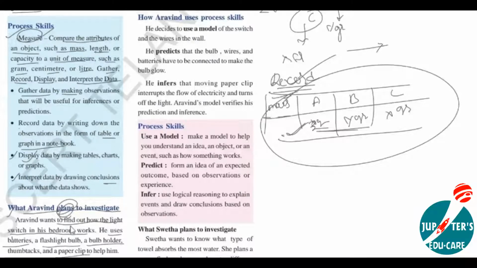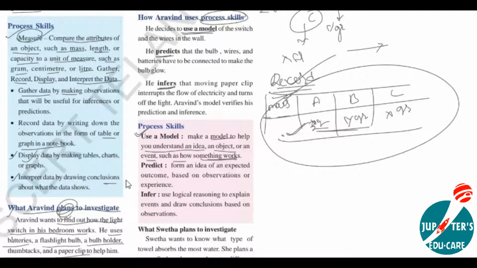But for that investigation, he must use process skills. So which process skills can he use here? Use model, prediction, inference. Okay. First see what is meant by model. Use model means a model helps to understand an idea, an object or an event, such as how something works.